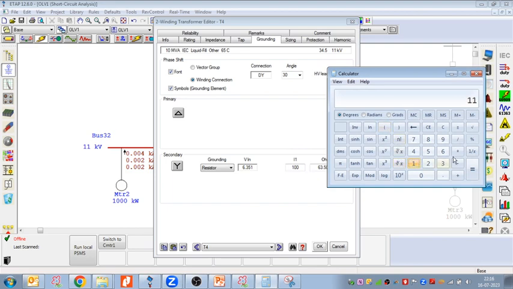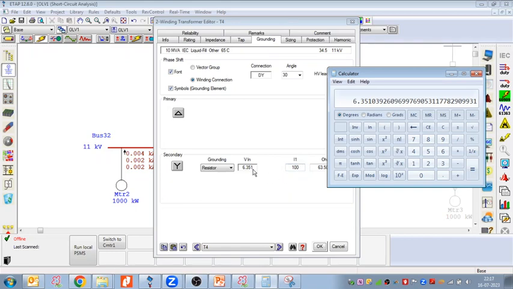That would be 6.351 kV phase voltage, right? So we know the voltage, and we know how much current we are going to allow, which is 100 ampere.